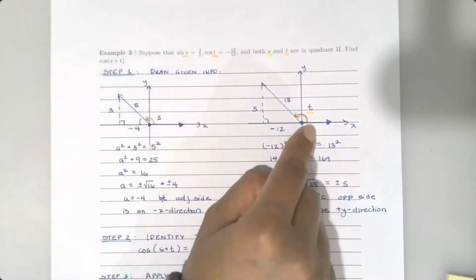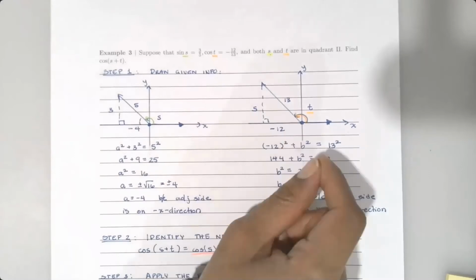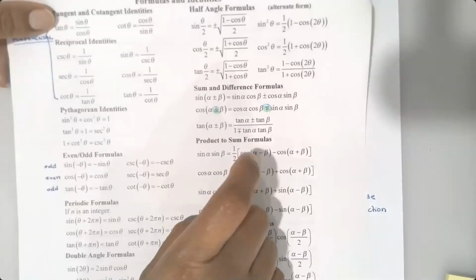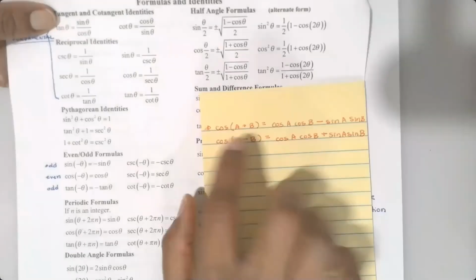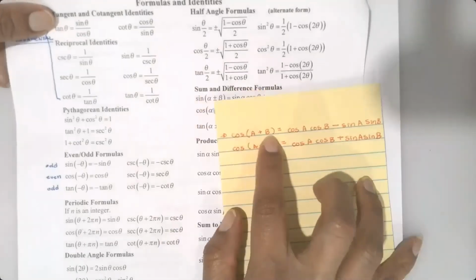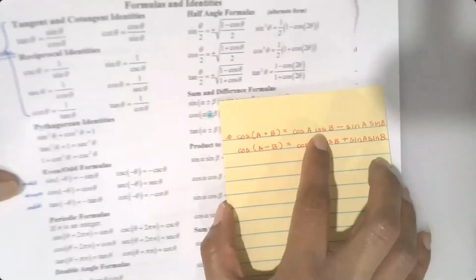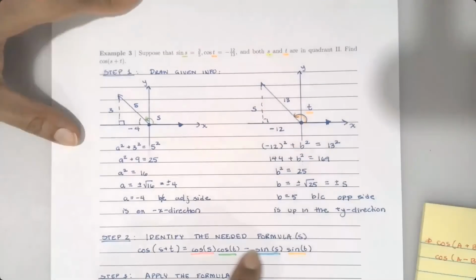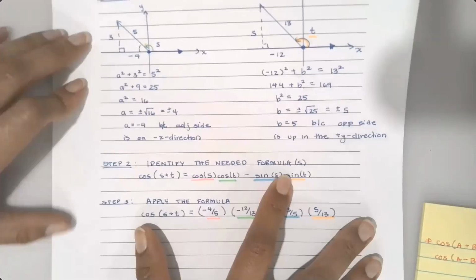So in order to figure out cosine of the sum of the angles, we're going to have to rely on one of our sum and difference formulas. In particular, the first one that we unpacked: cosine of a plus b is cosine a cosine b minus sine a sine b. So that's what we wrote down here, but with the s's and t's instead of a's and b's.